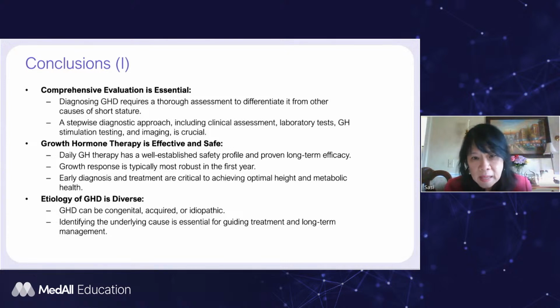We have a well-established safety profile, proven long-term efficacy, and the treatment response is typically very robust in the first year, allowing catch-up growth. So early diagnosis and treatment are critical to achieving optimal height and metabolic health. Etiology of growth hormone deficiency is diverse, so it can be congenital, acquired, or idiopathic. And we need to identify the underlying cause to provide appropriate treatment.